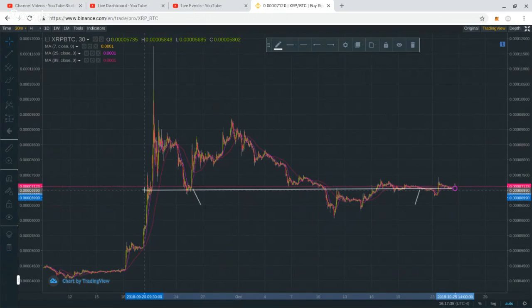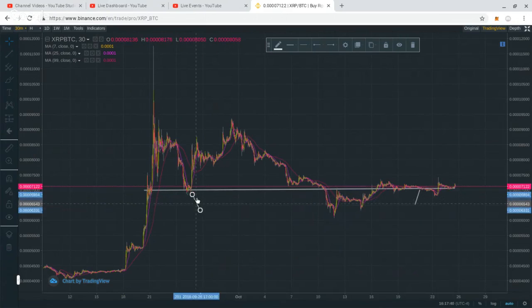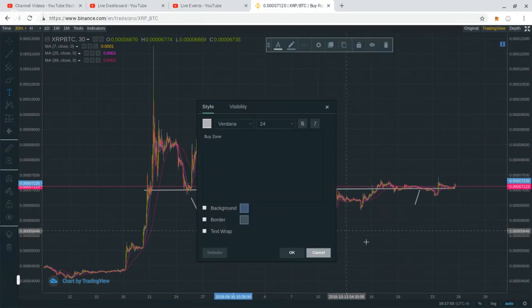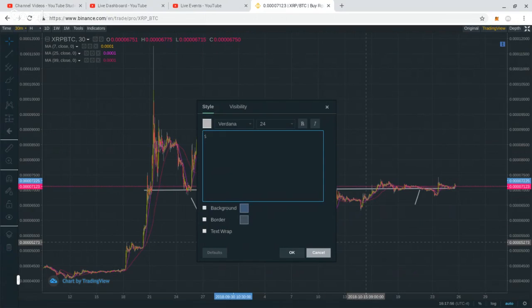This is your support line in that range. The support range on XRP is from roughly 6,800 Satoshi to maybe 7,040. Actually, I'm going to say it's around 71.